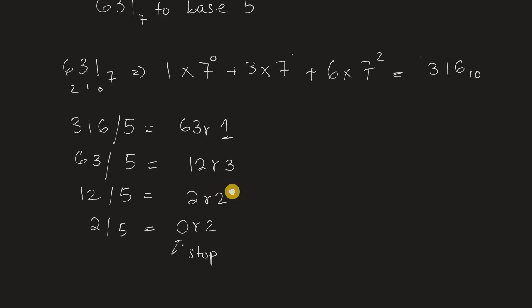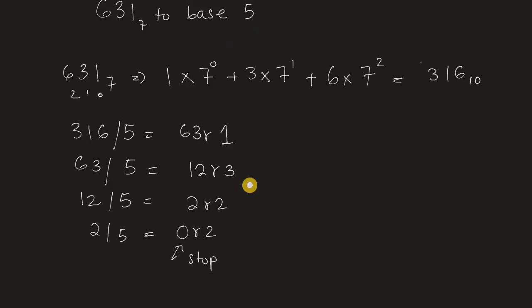So what is your answer then in base 5? You're going to start at the top and write the numbers from right to left. So you take this number and put it over here, like 1, and then this number put it over here, 3, 2, and 2. So you're going from right to left.